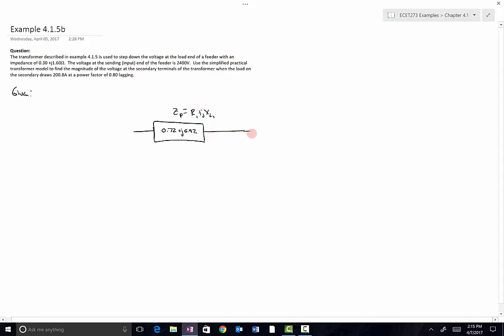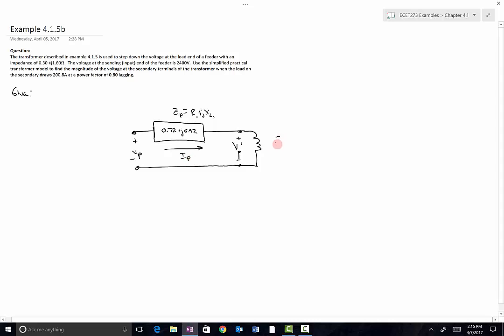And then that goes into the primary of our ideal transformer. These terminals here are the primary voltage of the transformer. These terminals here are called VP prime. And then through that we have the primary current.